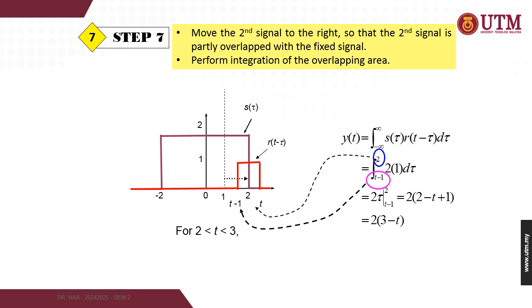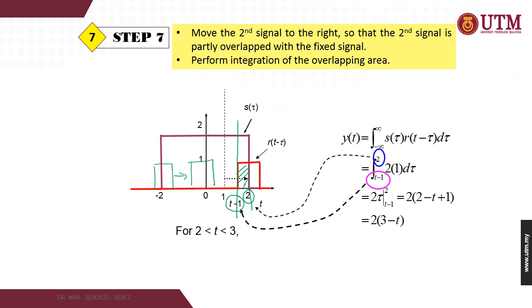We have seen the signals with no overlapping, then moved to partly overlap somewhere here, then moved again until completely overlapped, and now move again to the right until it is partly overlapped, in this area. So now the overlapping area is between t equal to 2 and t minus 1 less than 2.